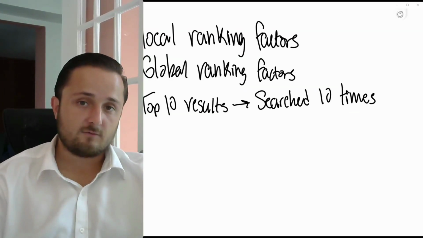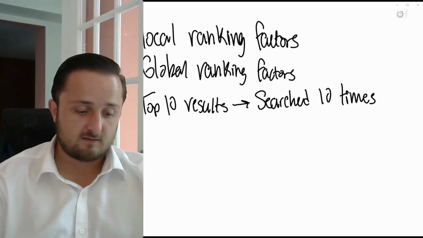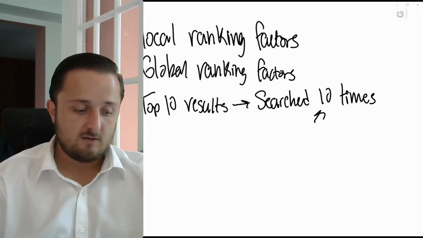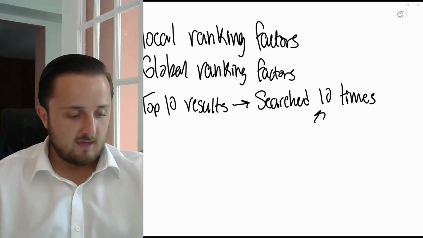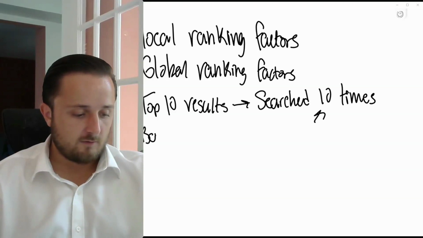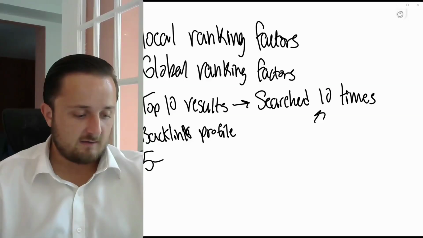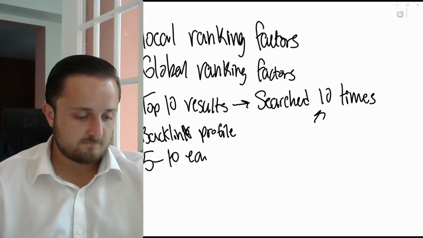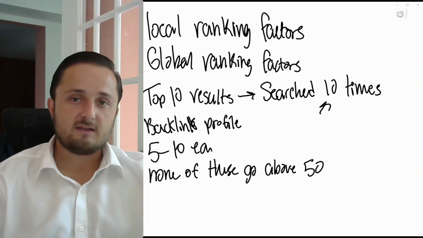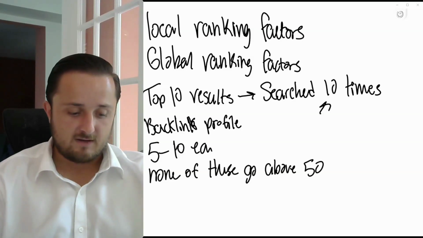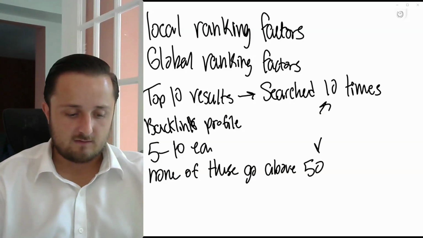Okay, so the top 10 results averaged out from the 10 times that we searched. So of those pages that are currently ranking, if their backlink profile is only 5 to 10 each, none of these go above 50, then we can easily beat them on this ranking factor by simply getting more than 50.